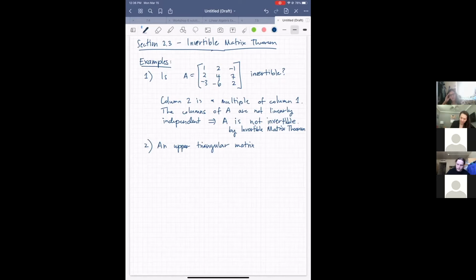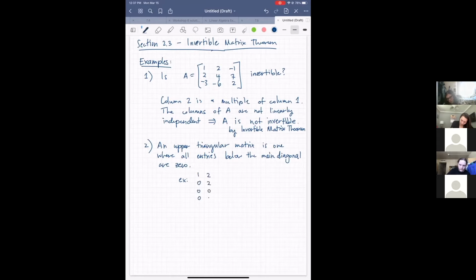So an upper triangular matrix is one where all entries below the diagonal are 0. Right? So if you want to see an example, it would look something like this.